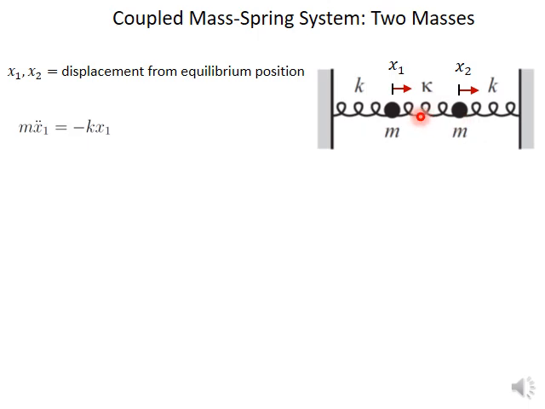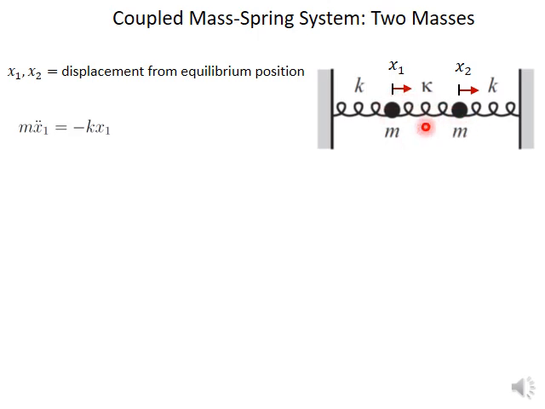So what matters now is the difference of these two displacements. For example, if x2 is larger than x1, which means that this spring is stretched, and if x2 is smaller than x1, so for example this must move more in this direction, and then this one moves in this direction, then this would be compressed, and in either case there would be a force in this direction.